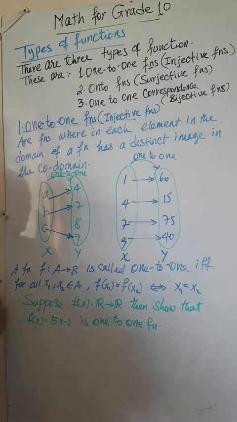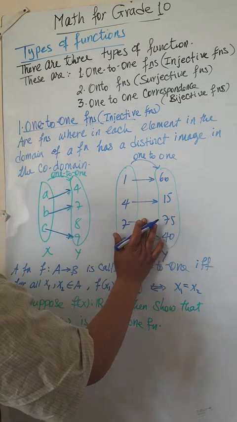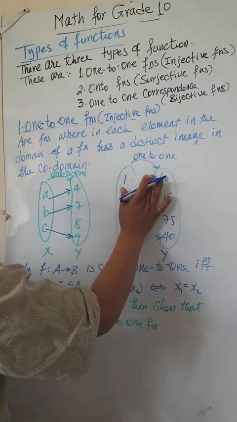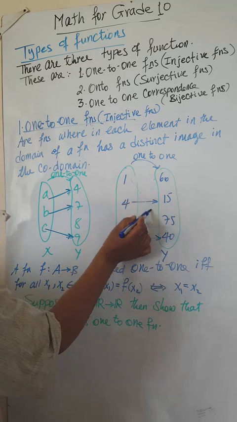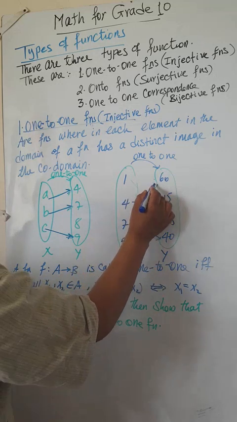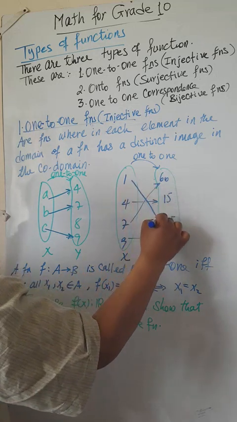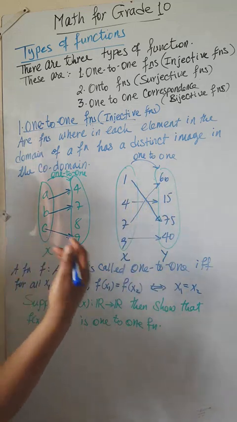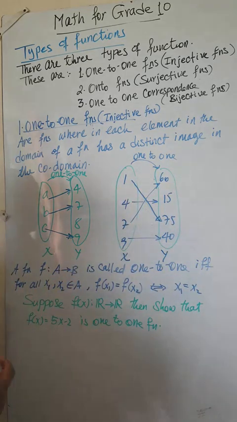For that matter, the position doesn't matter. ለምሳሌ እንደዚህ ቢሆን እና ፈንክሽኑ መጀመሪያ እንደዚህ ተጽፎ ቢሆን, still this is a one-to-one function, because each member has one image.